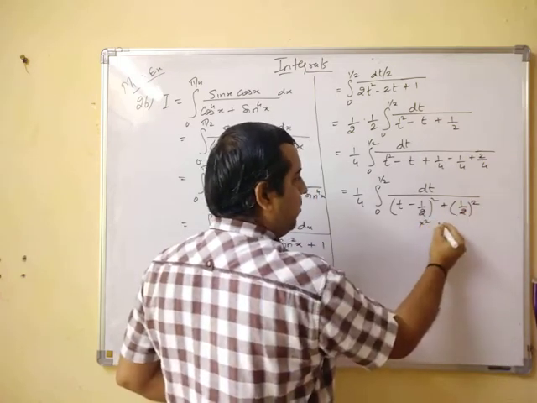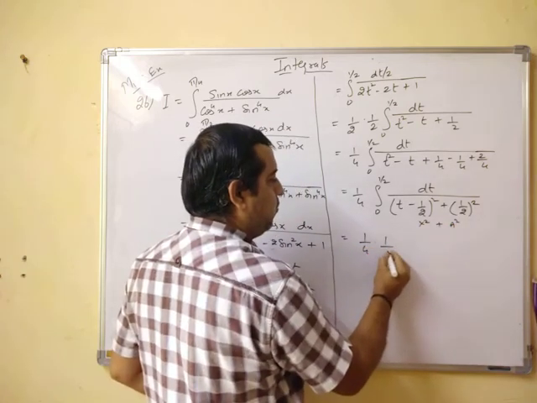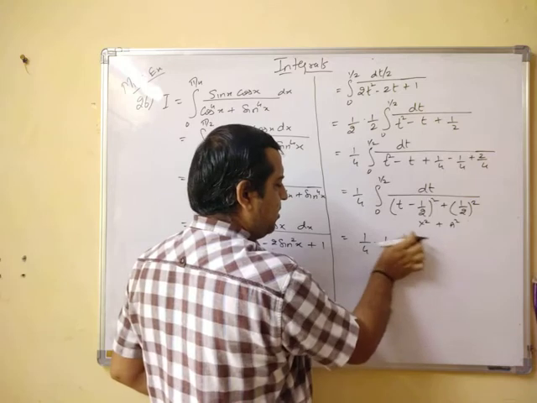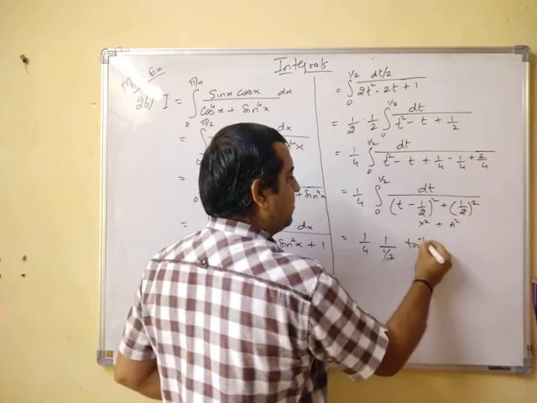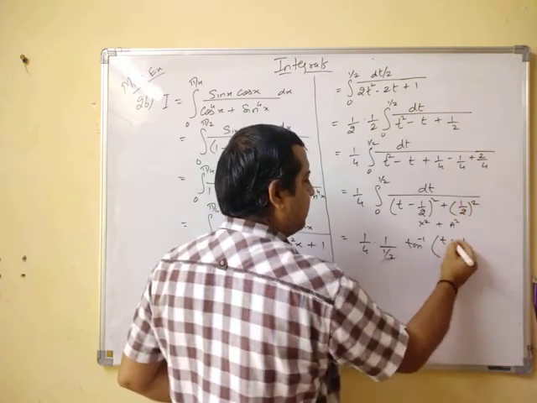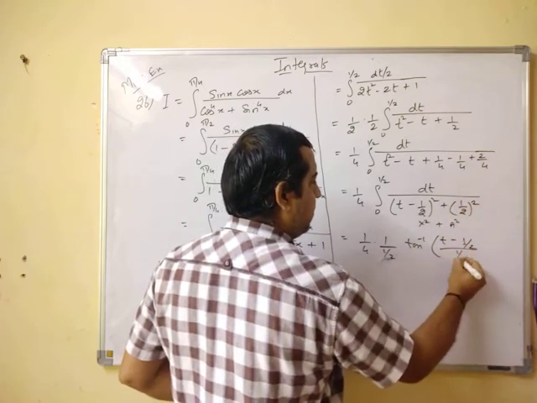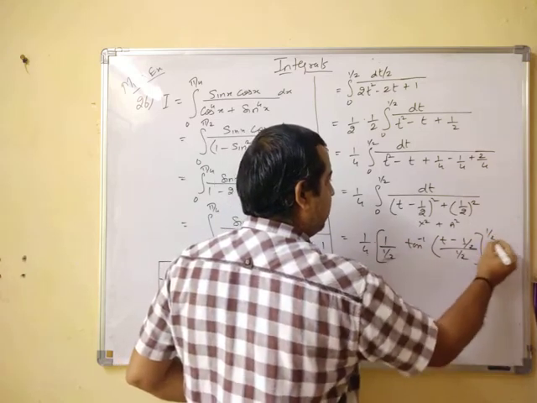So formula of 1 upon x square plus a square. This gives you 1 by 4 into 1 by a, 1 by half, tan inverse of t minus half upon half, limits running from 0 to half.